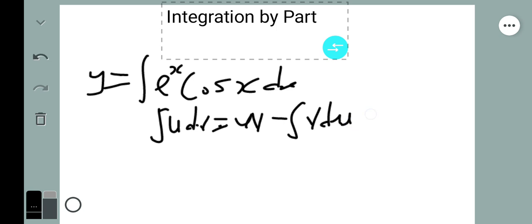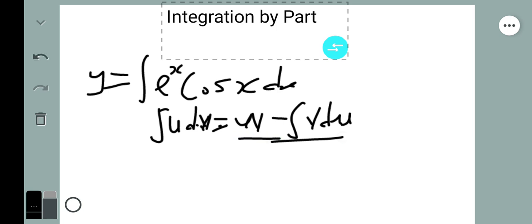So this is the formula. How do you solve this problem? We need to know which one out of exponential x and cos x is going to be our u and which one is our dv. We will use this formula to solve the problem.